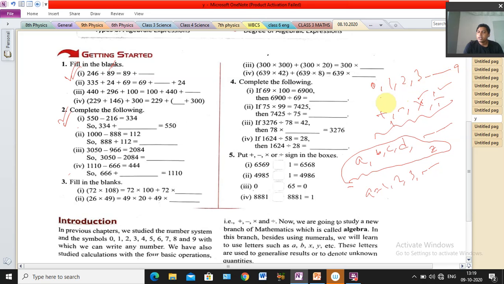We know there are 10 digits, 0 to 9, so we can use them too. With the help of digits we can make numbers like 10, 11. We will use those in algebra. That means algebra is a relation with operations, meaning addition, subtraction, multiplication and division, with variables and numbers. Clear or not?